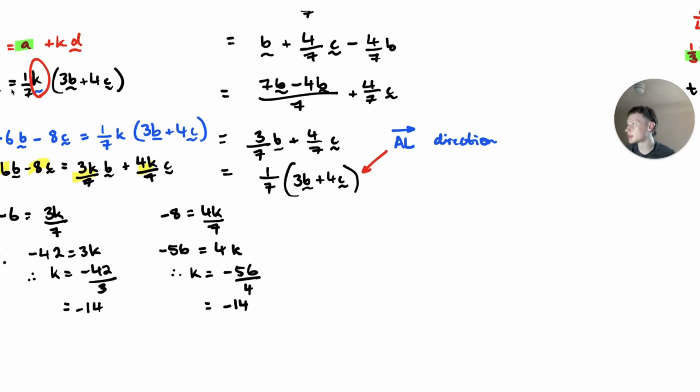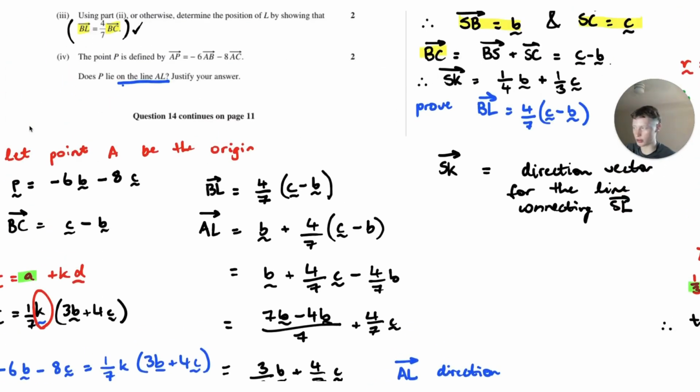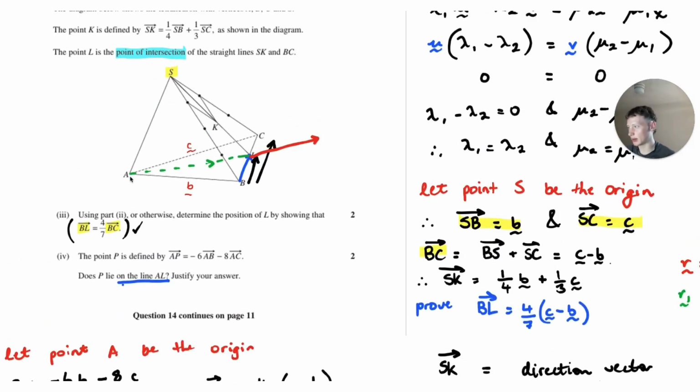So it satisfies the overall parametric equation, but it doesn't satisfy just the simple, okay, is it one of these dots? It's like a dot out here. So in terms of justification, my interpretation is that no, it doesn't sit on the line, despite the fact it satisfies the vector equation of lines with that direction.